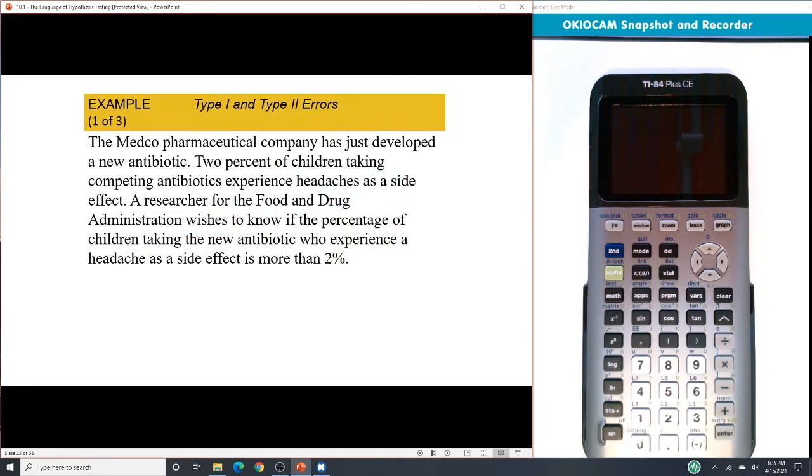All right, so taking that back, looking at the pharmaceutical company and us believing that there's more than 2% of those being affected, that's our hypothesis test, as we said before. So H sub 0: P equals 0.02. H1: P is greater than 0.02.